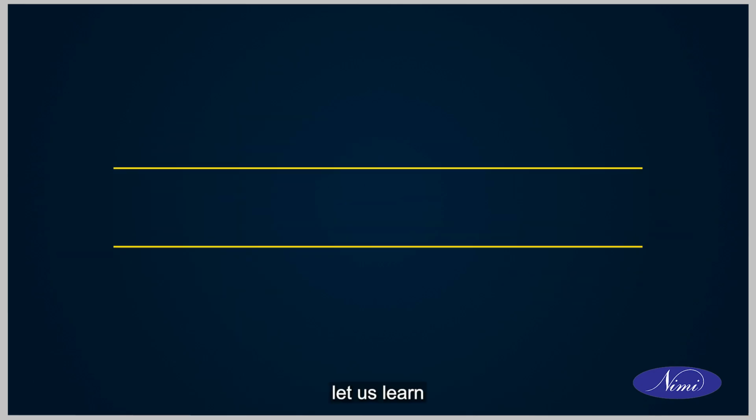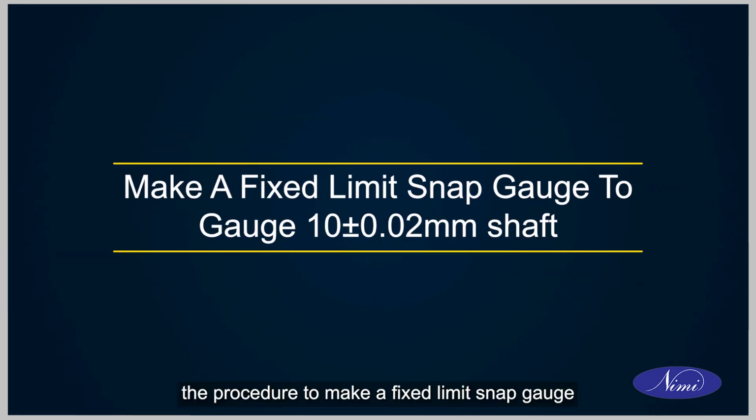Let us learn the procedure to make a fixed limit snap gauge to gauge 10 plus or minus 0.02 mm shaft.